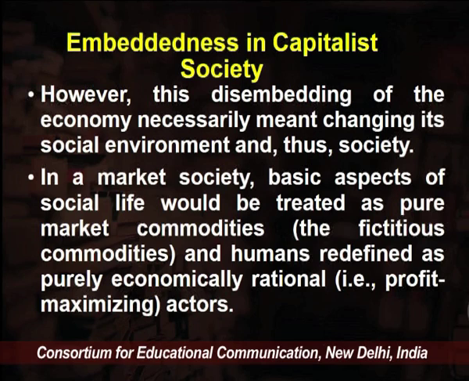So, the economists were arguing that human beings become almost similar to a machine, oriented towards production, and the production was targeted at maximizing profit.